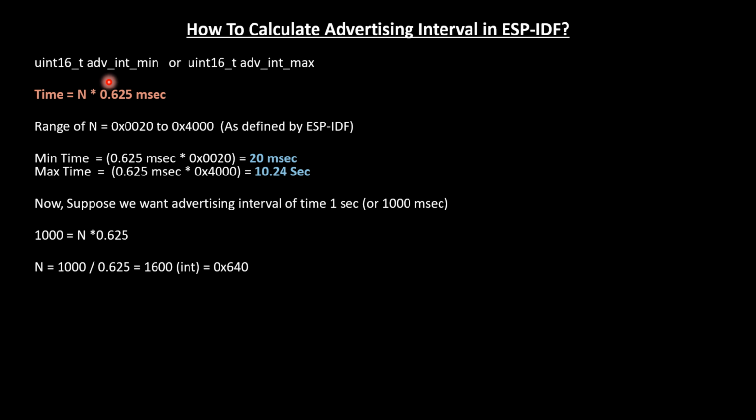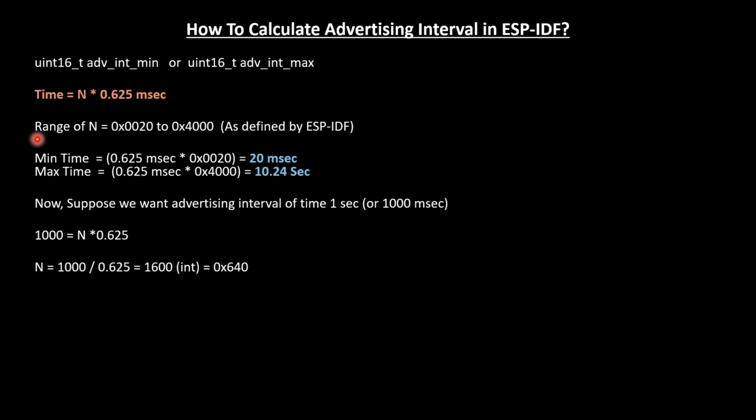To set the advertising interval min and advertising interval max, this is the formula provided by ESP-IDF: time is equal to n times 0.625 milliseconds. As we have seen, this 0.625 term is defined by Bluetooth SIG itself. n is in the range of hexadecimal 20 to hexadecimal 4000, which is also given by ESP-IDF.